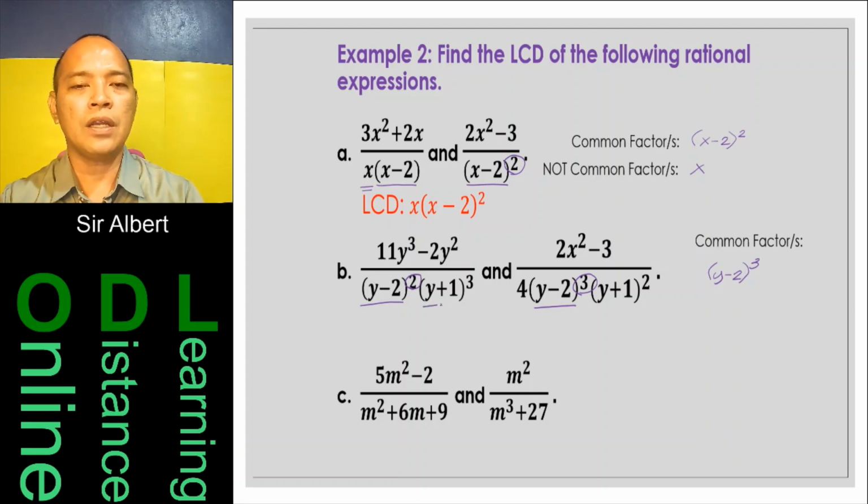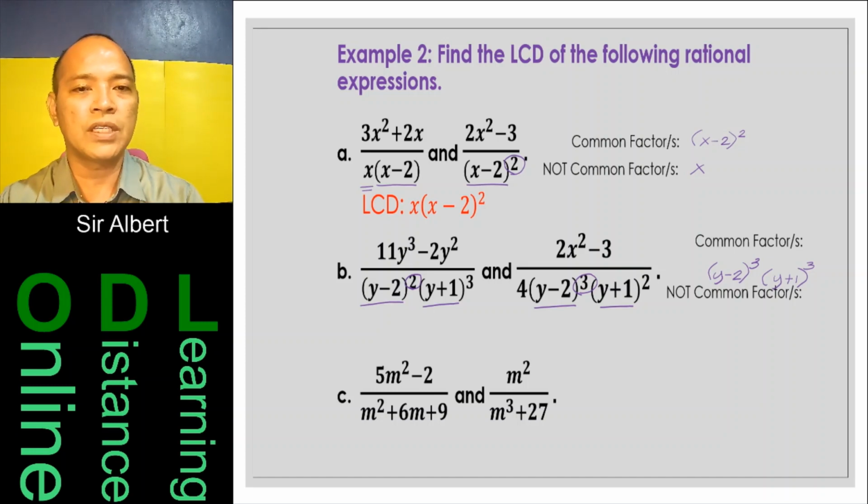Y plus 1 is also a factor that's common to both denominators. So we also pick y plus 1 and use the higher exponent, which is 3. There are no other factors that are common to both denominators. So we move on now with identifying the not common factor.